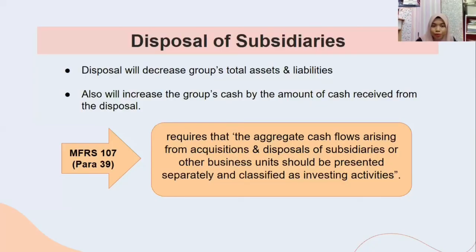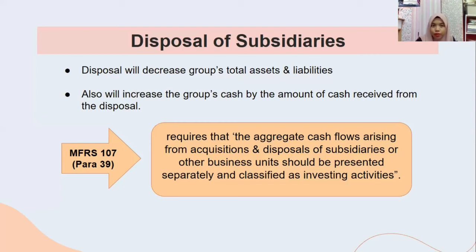When a parent disposes one of its subsidiaries, it will decrease group total assets and liability. It also will increase the group cash by the amount of cash received from the disposal. Cash position of the group is affected only by the cash flow involved in the transaction of disposal.